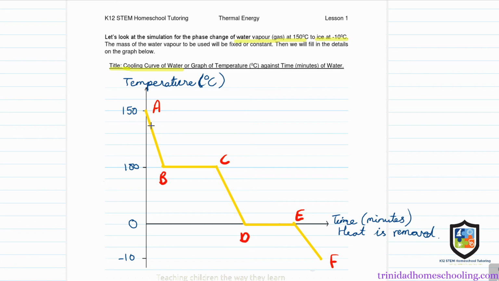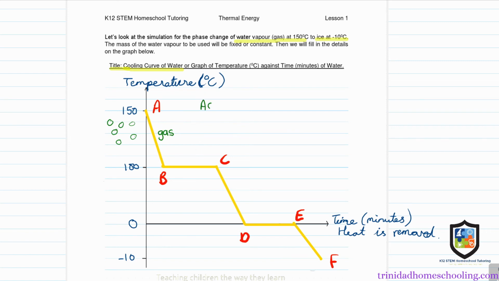So here between A and B we have gas only. Okay, so the gas molecules will be spaced out, high kinetic energy. Alright, and here we're seeing a decrease in temperature, so you could write that in.